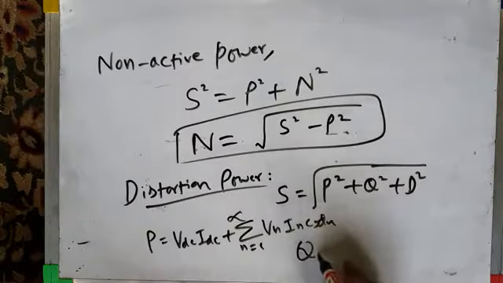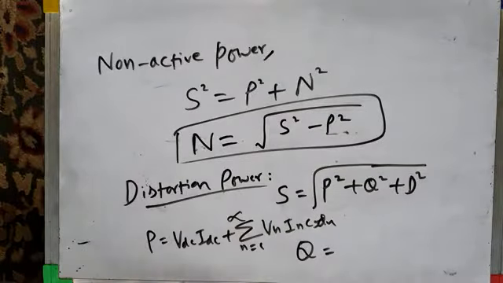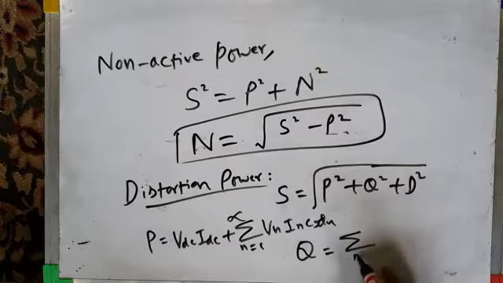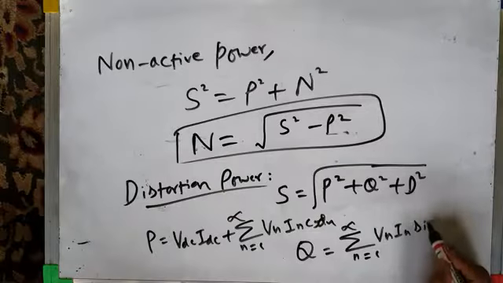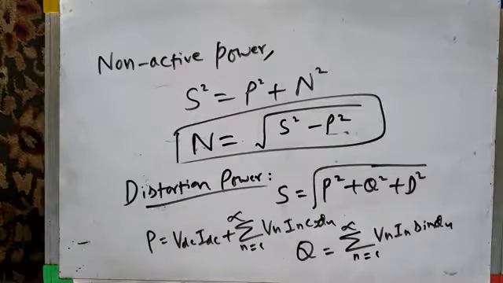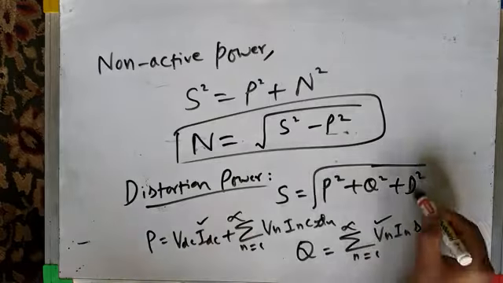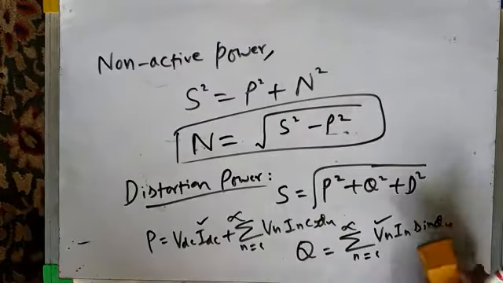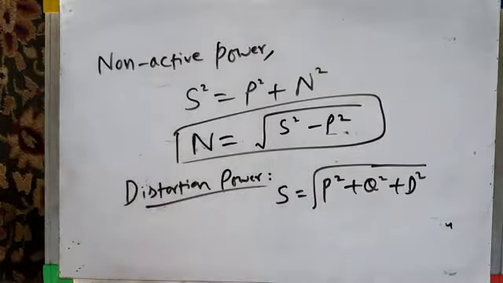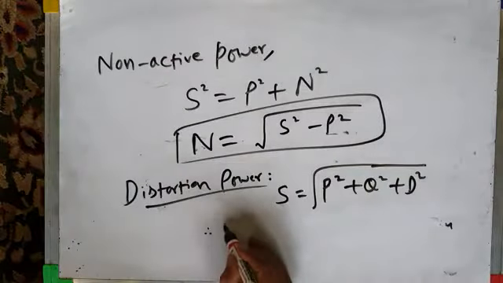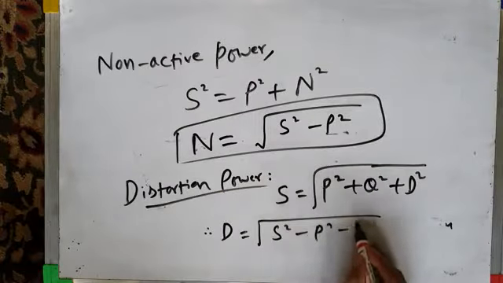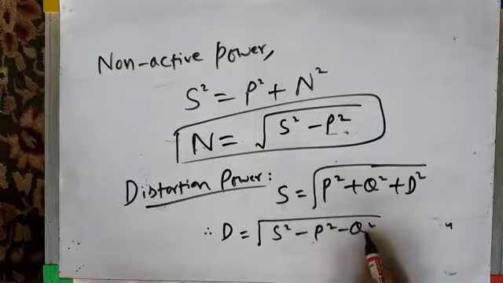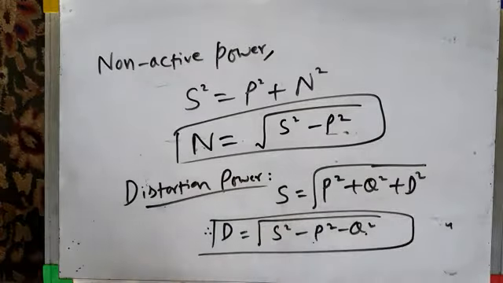And what is reactive power? A few moments back we derived the equation: reactive power is given by summation n equal to 1 to infinity Vn In sin phi n. So this is active power, this is reactive power. Whatever power remains is called distortion power, which is neither active power nor reactive power. So if you want the expression for distortion power, it is under root of S square minus P square minus Q square. From S subtract active power, subtract reactive power, and take the square root of whatever power remains. That is your distortion power.